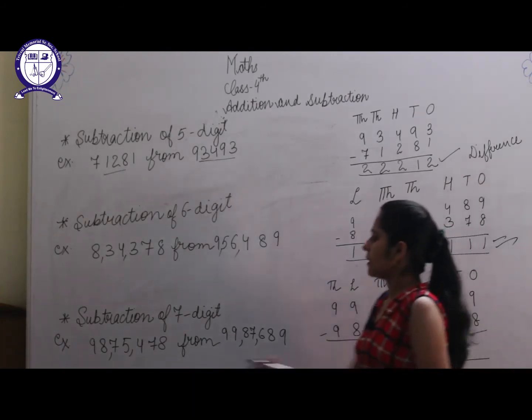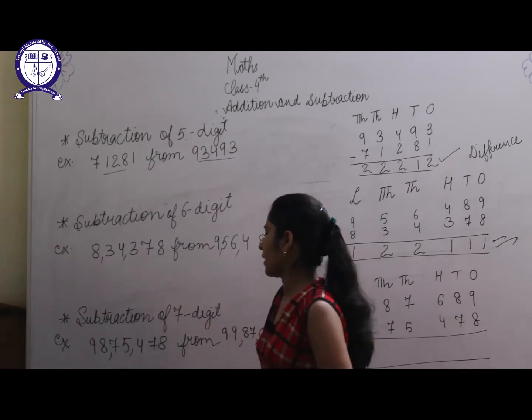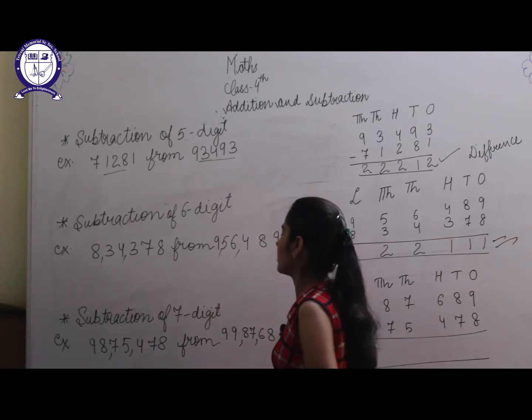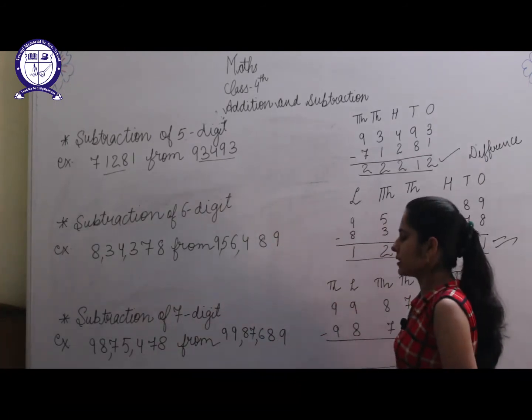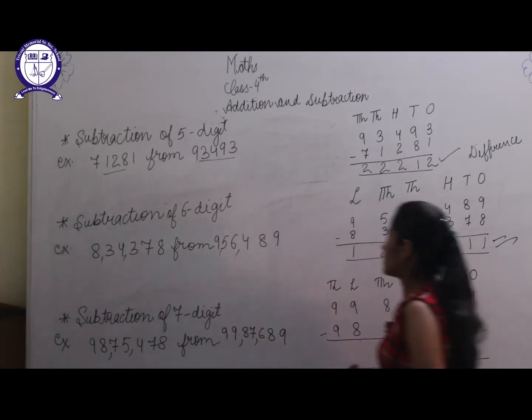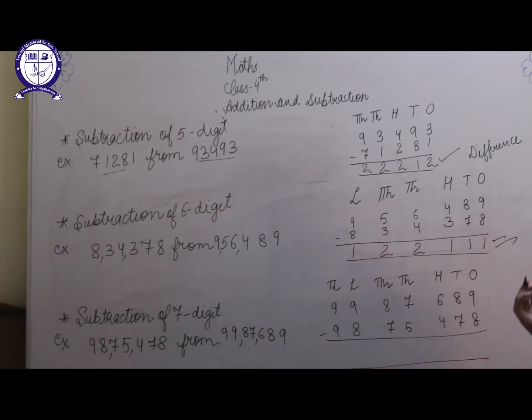Now let's discuss the subtraction of 7 digit numbers. Here we are having 98,75,478. We need to subtract this number from 99,87,689. So we will write the number which is written after from above and the number which is written before from under.